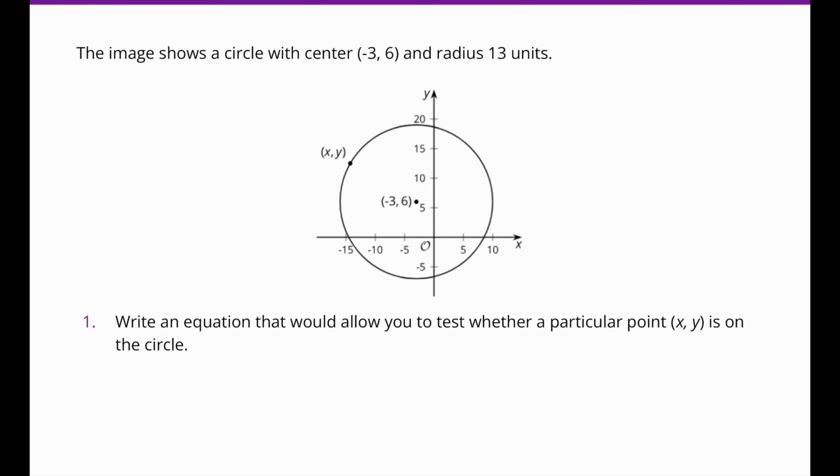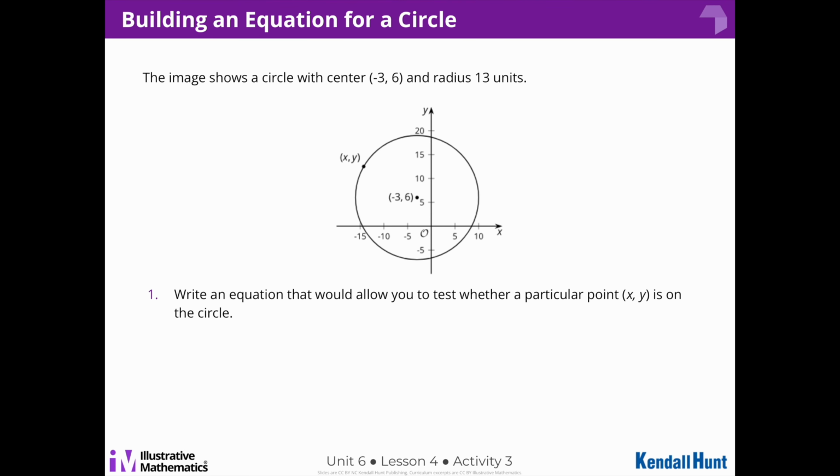So let's move on to some examples, building equations for circles. Based on our previous one, we had a center of 6 and 10, and then we had a radius of 17. We want to write an equation that would allow us to test a particular point on this circle with a different center and a different radius.